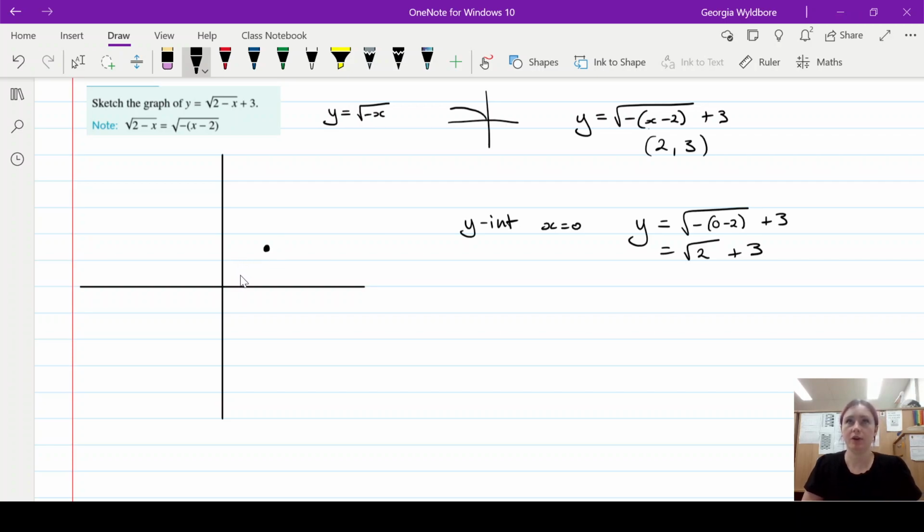So square root of 2 we know is an irrational number, but it's just going to be a little more than 3. And we have our endpoint at 3 and we know it's going up, so that makes sense. So let's just put it about here and label that as root 2 plus 3. Label here as (2, 3). And have your sketch in there.